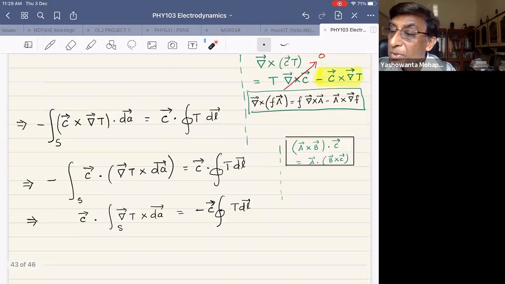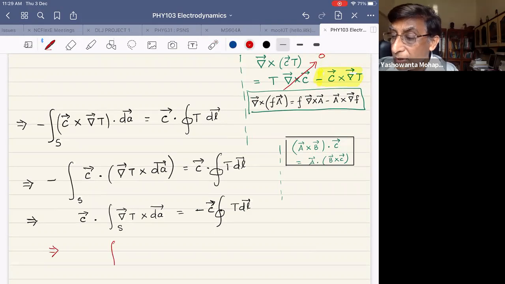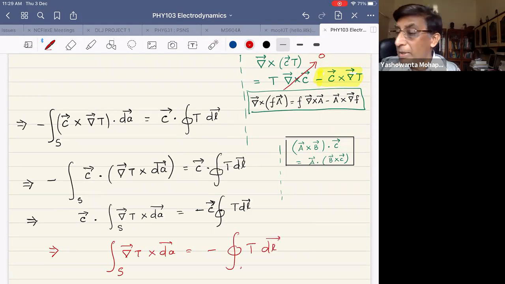Okay, so let me write down the theorem in its final form. Over the surface S, the integral of the gradient of the scalar cross dA is equal to minus the line integral of this scalar over the closed curve.